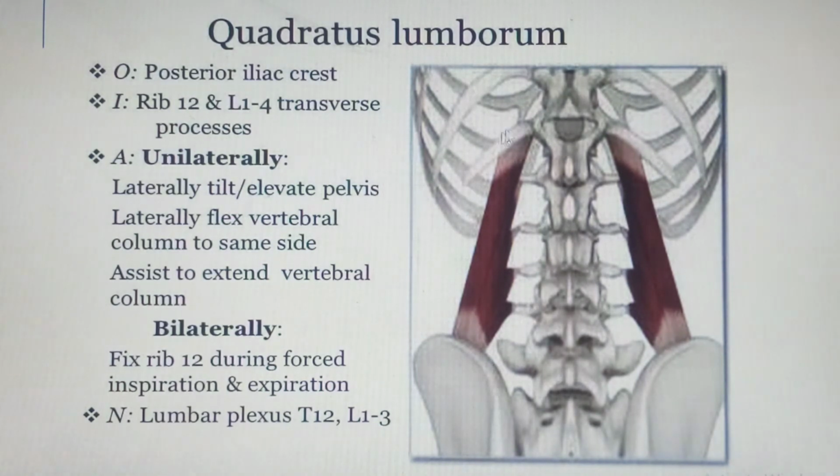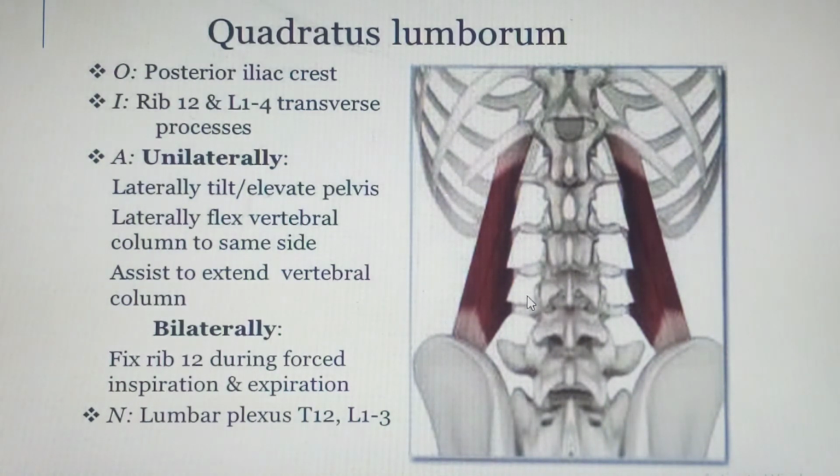So it's actually going to originate here, and of course move superomedially to have attachment to the lower aspect of rib 12, as well as the transverse processes of L1 to L4. So that's one thing that you have to know.